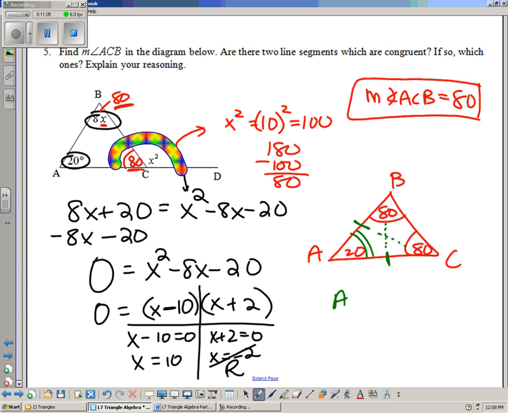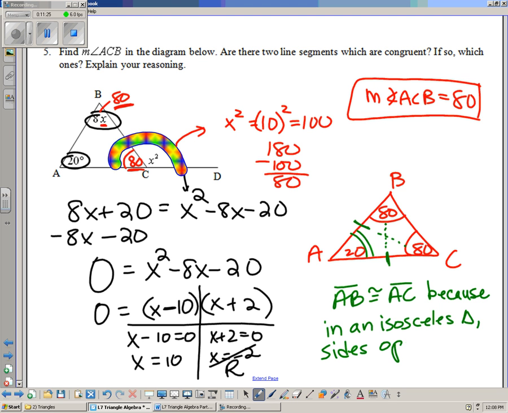So we can say AB is congruent to AC because in an isosceles triangle, sides opposite the base angles are congruent. So there are two sides which are congruent, and we've explained our reasoning.